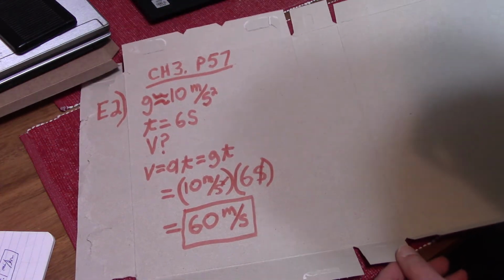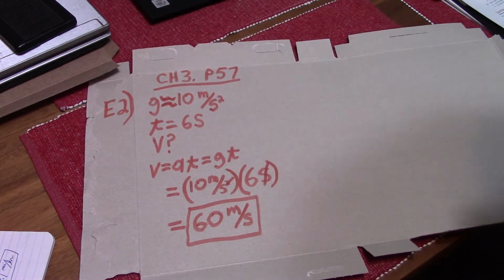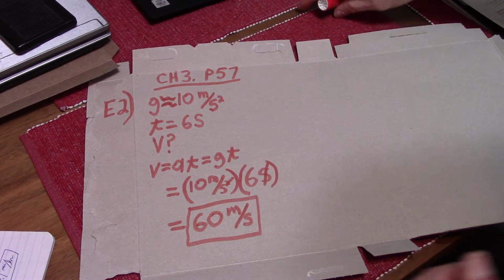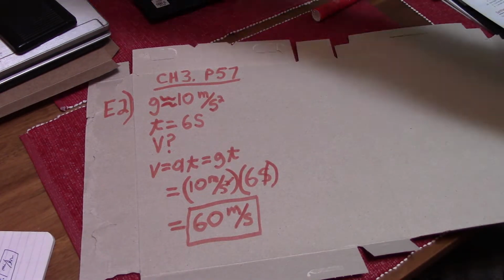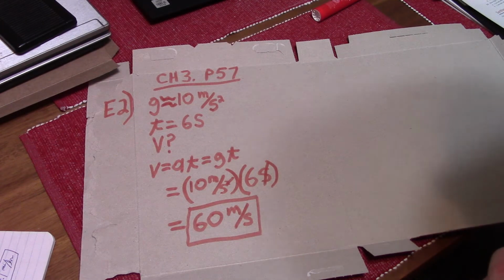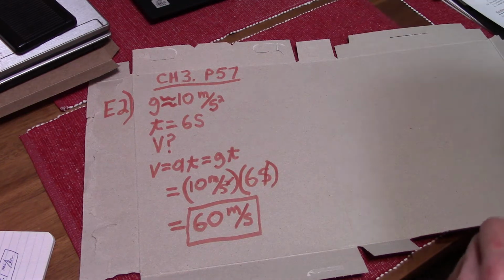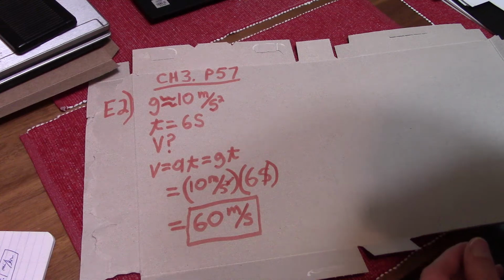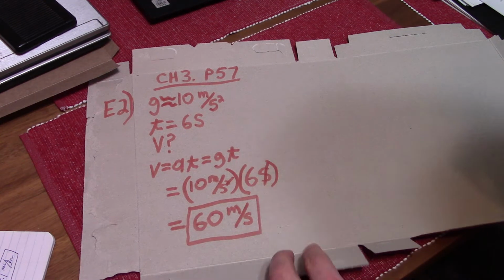Now the second half is they want us to convert it to miles per hour, because right now we're in meters per second. A meter is a little bit more than a yard. A second, we all know what a second is. We're going to convert to hours as well. If you go to Appendix E in the back of your book, it gives conversions.